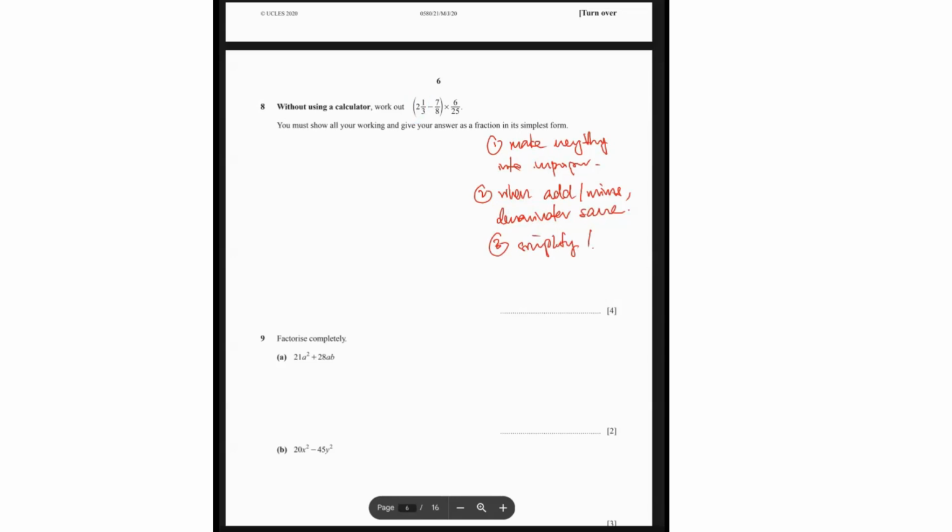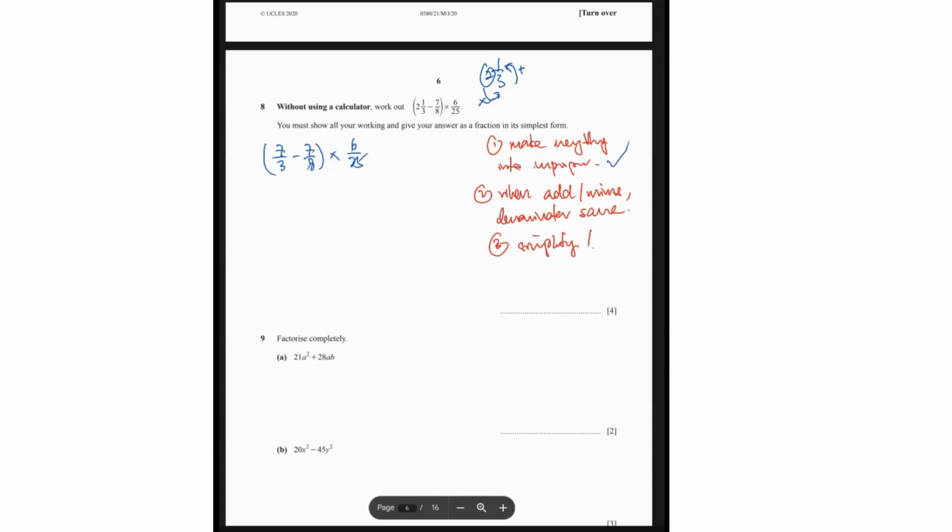2 and 1/3, 2 and 1/3, if you need a quick recap, we take 2 times 3 plus 1. Okay, so the whole number, multiply the denominator, add with the numerator. Okay, so this is 7/3 minus 7/8, bracket, times 6/25. Step 1 done. Everything is improper already.